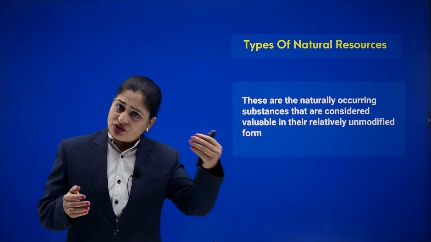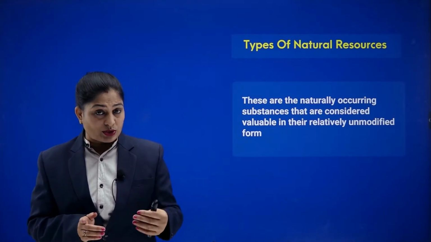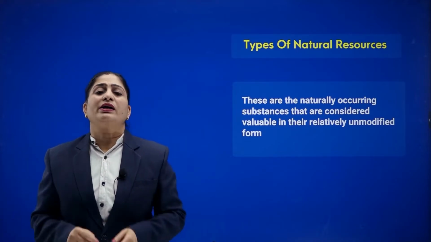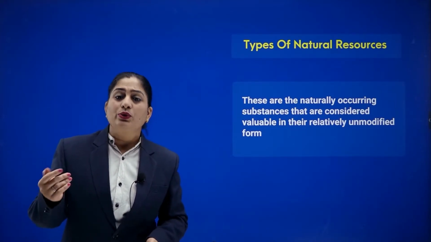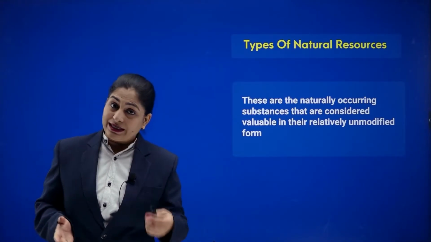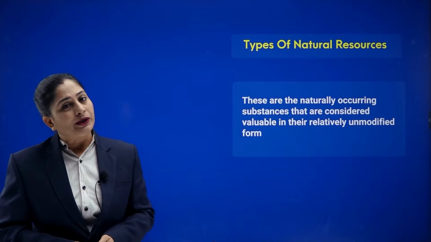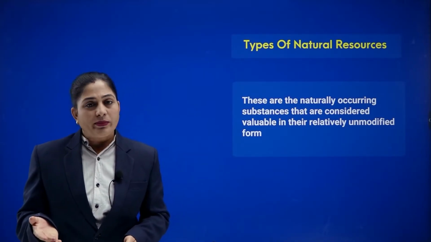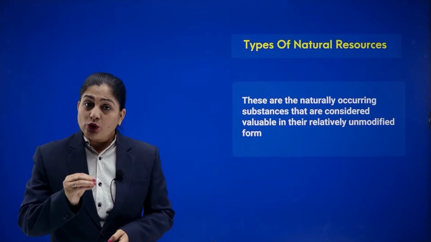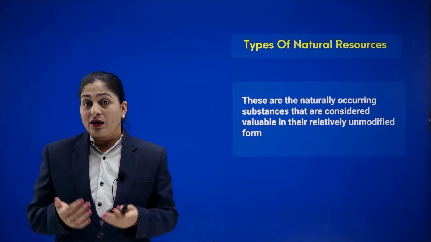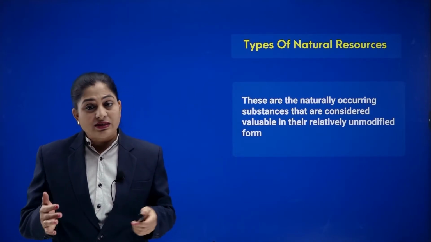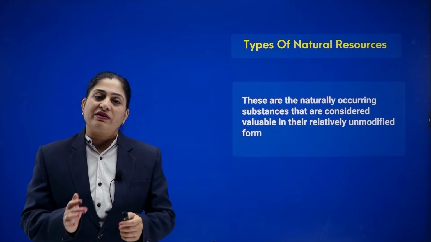That means we directly take that resource from nature, without any human activity, and we can directly utilize it as such, like water, air, soil, sunlight. We do not need to convert it into any other type. So they are considered to be valuable. Valuable means they are of utmost importance in our life.